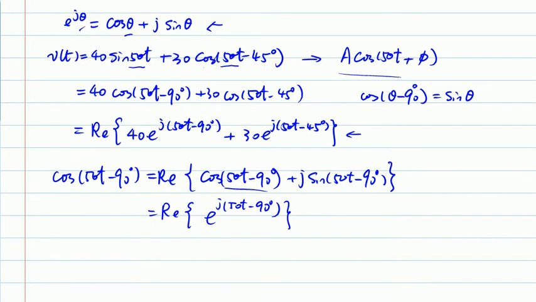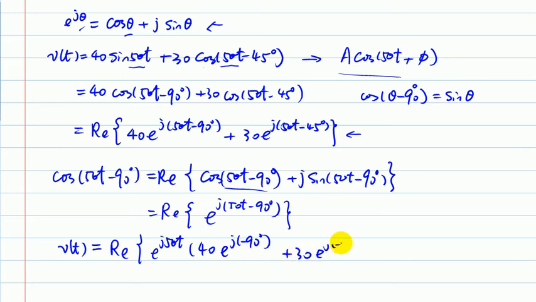Let's move down a little bit. Now my v of t, I can take out e^(j50t), which is the common part, and leave out this one here. What do I do next?